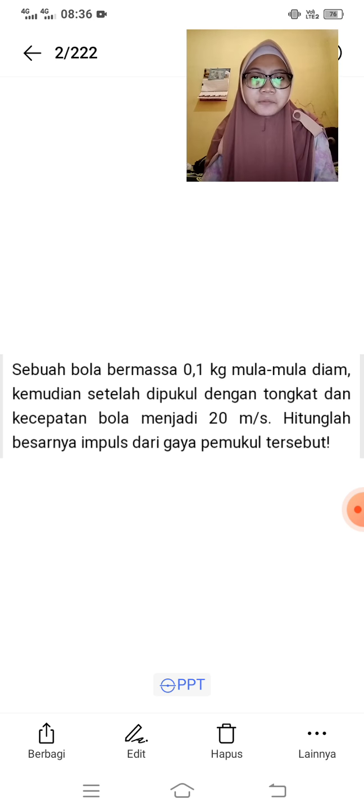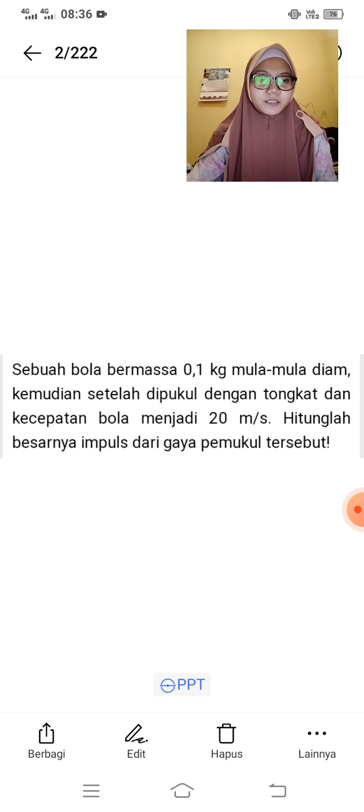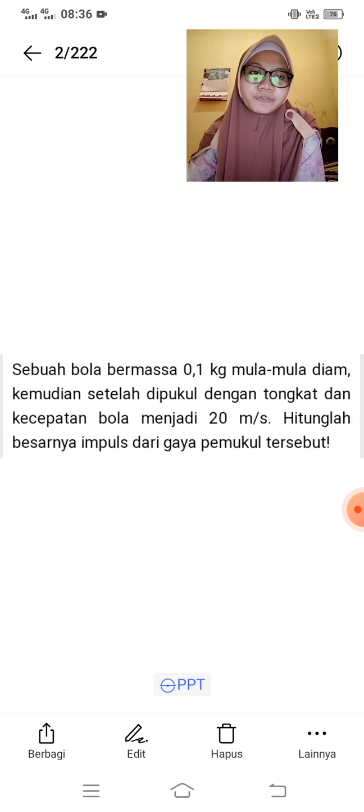Then after being hit with a stick the ball speed becomes 20 meters per second. Calculate the impulse of the hitting force.